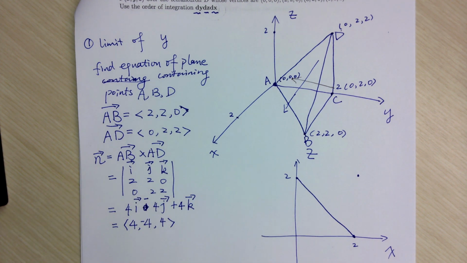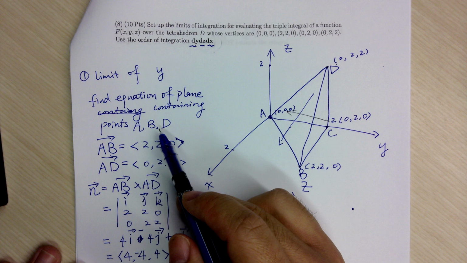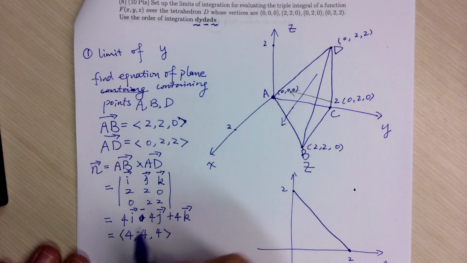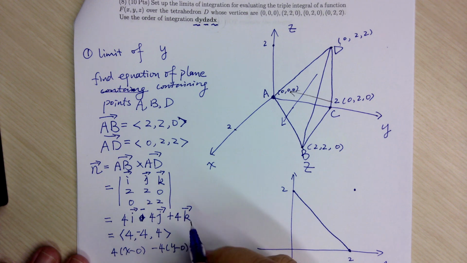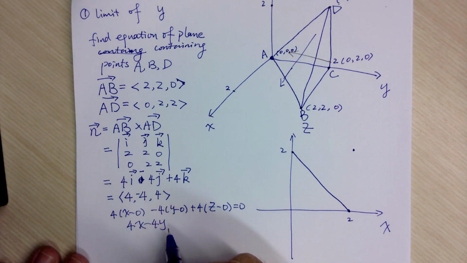Now it's fairly easy to figure out the equation of the plane containing points A, B, and D, because it includes the point 0, 0, 0. So it's 4 times (x minus 0) minus 4 times (y minus 0) plus 4 times (z minus 0) equals 0. That gives 4x minus 4y plus 4z equals 0, which is also x minus y plus z equals 0.